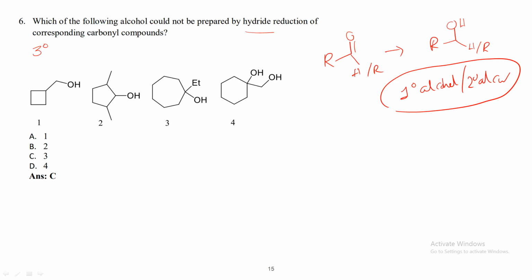If a tertiary alcohol is there, it cannot be formed by hydride reduction. Primary can be formed, secondary can be formed, tertiary cannot be formed. So this is our answer, and this one is secondary and this is primary, so these can also be formed. So in a simpler way we can also approach this problem.